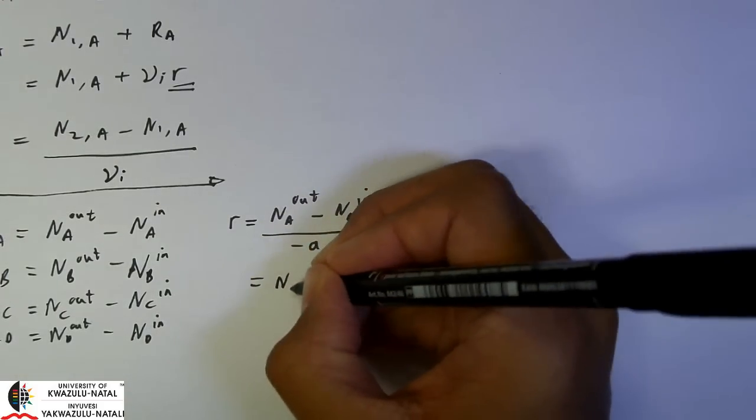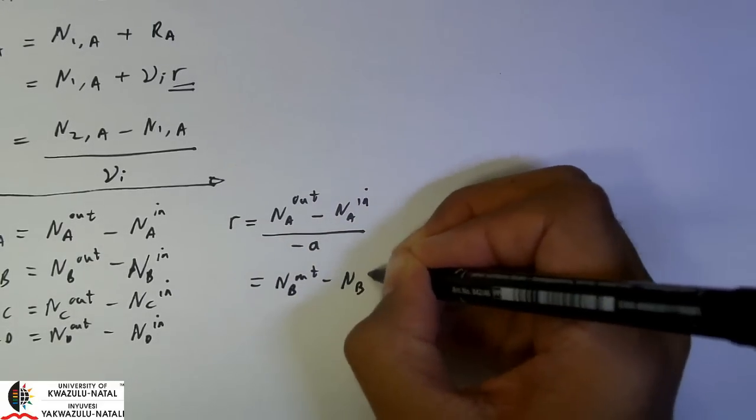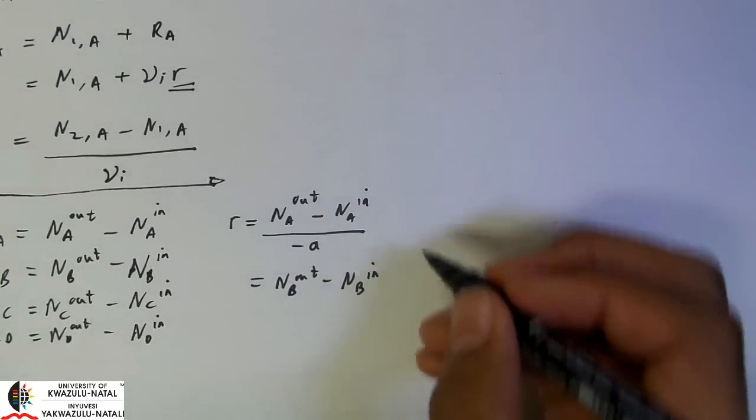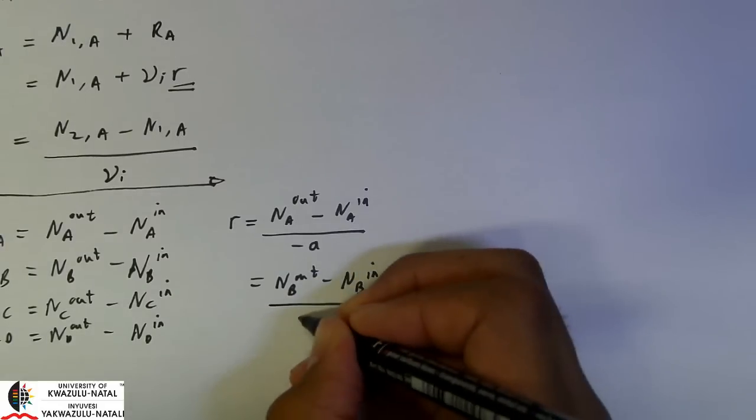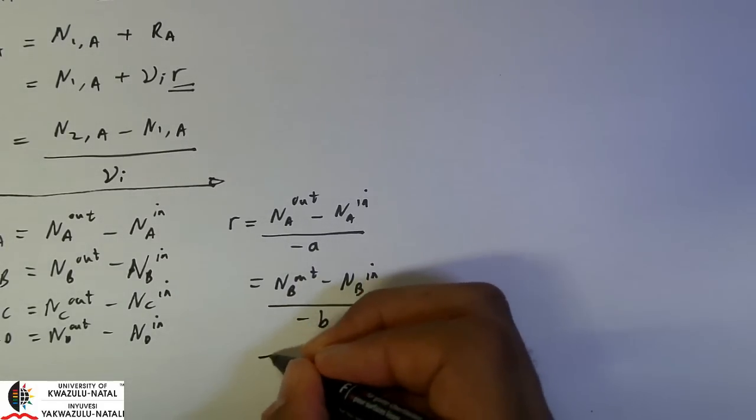It's also equal to NB out minus NB in over negative B. These are because A and B are reactants.